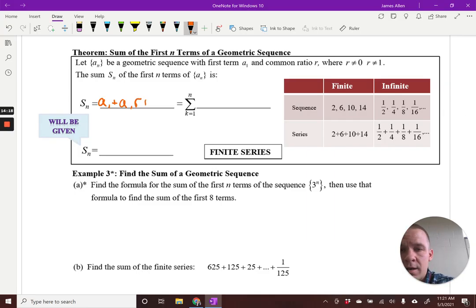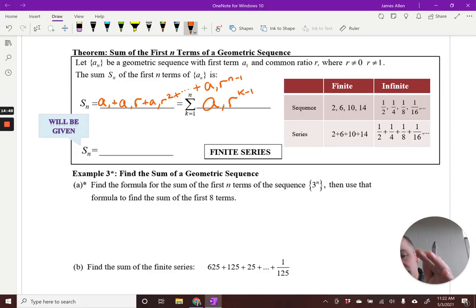And then a sub 1 times r squared for my third term, because it's 3 minus 1. And then plus, we'll generalize this, a sub 1 r to the n minus 1. That would take care of everything, no matter how many terms. So my sum, if we plug that in, then we could use our calculators for this: a sub 1 times r to the k minus 1 within my summation.